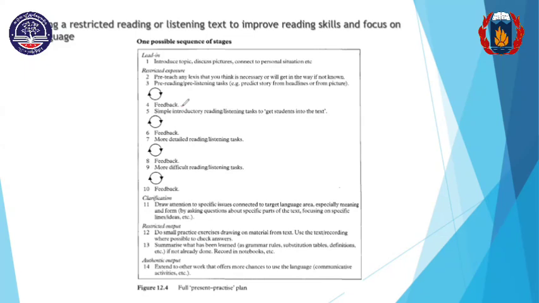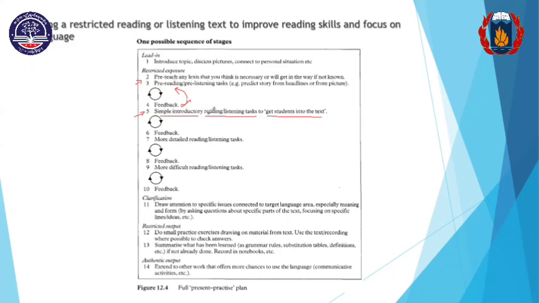Stage 4, feedback session. If the students don't understand, we can go back to the first stage. After that, a simple introductory reading or listening task to get the students into the text. So this one is a kind of consolidating activity. The teacher gives the simple introductory listening task. The teacher pre-teaches the lexis and does a pre-reading, pre-listening task.